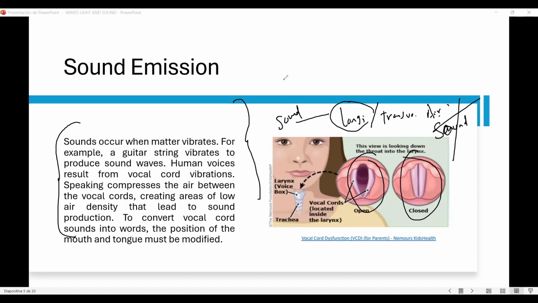The propagation is going to be through a medium, and sound will travel at different speeds depending on factors like temperature, density, and elasticity, right?